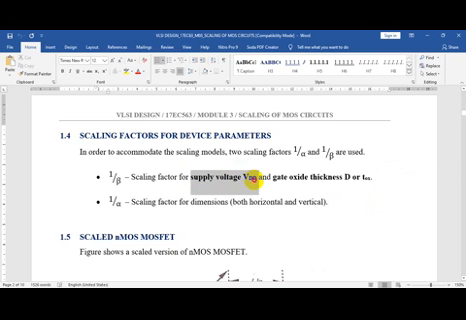So for supply voltage and gate oxide thickness, the scaling factor used is beta, and for all other dimensions, whether horizontal or vertical, the scaling factor is alpha. Now, this scaling factor cannot be an arbitrary value. The values for alpha and beta are carefully assigned later.